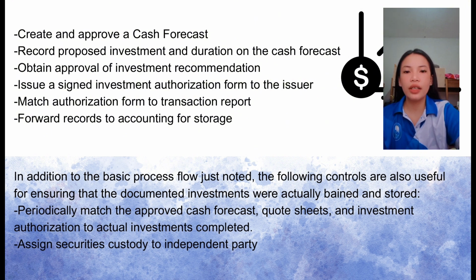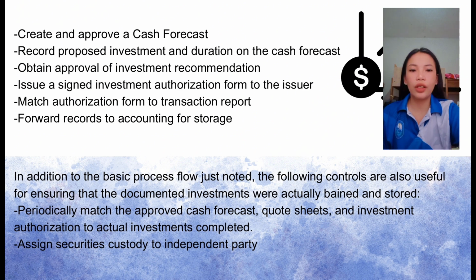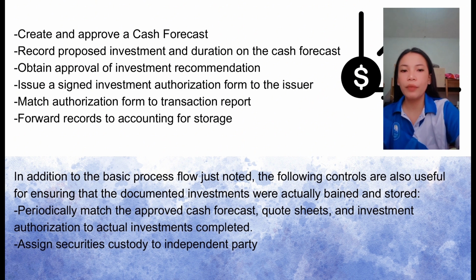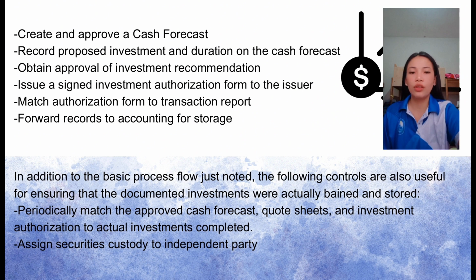To minimize the risk of tampering or hiding inappropriate investments, it's important to have a system in place. By promptly providing investment authorization documents to accounting for secure storage, the company creates a safety measure. Then accounting staff date stamp each set of documents upon receipt.